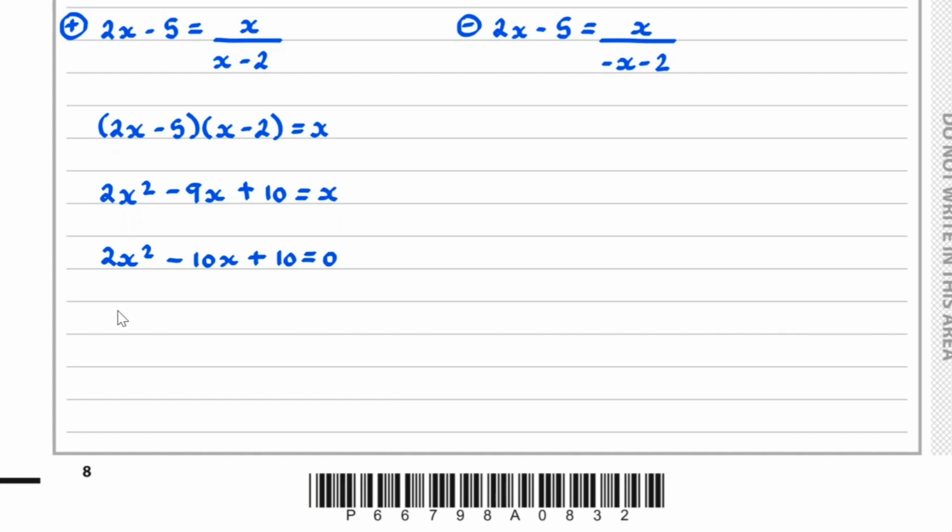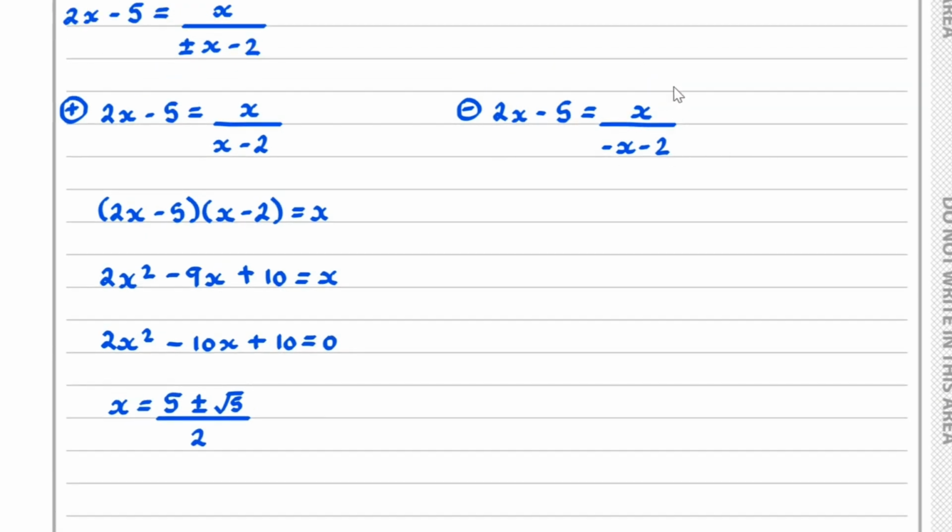And from this, if we solve, we end up with 5 plus minus square root 5 over 2.